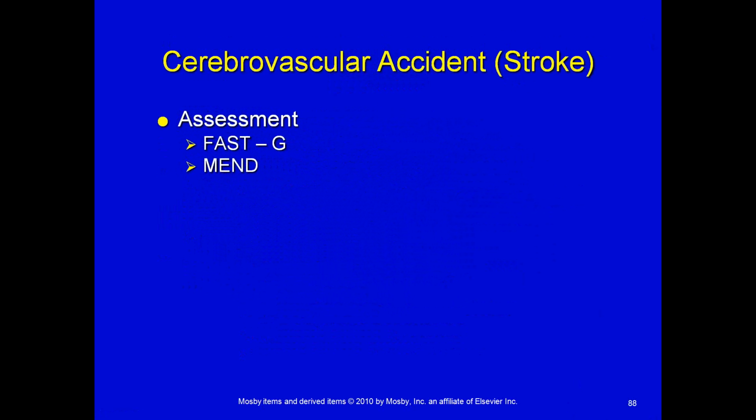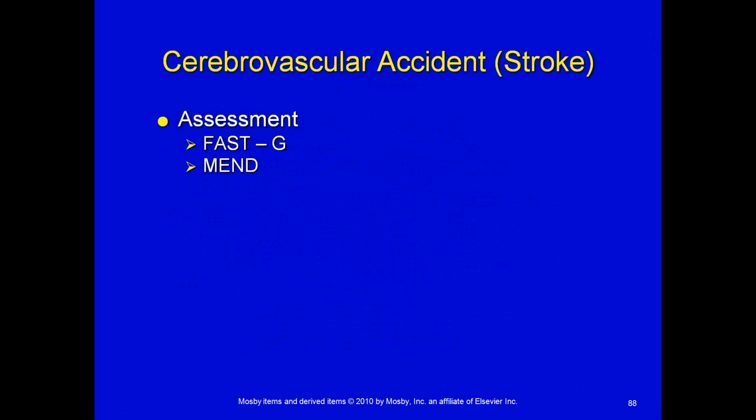Now, those people under the age of 70, those patients who are not diabetic, who are not hypertensive, are not taking any meds for diabetes or hypertension, and who aren't taking warfarin or aspirin or those sort of things, they've extended that window of opportunity to 4.5 hours for that group. And then G is glucose.